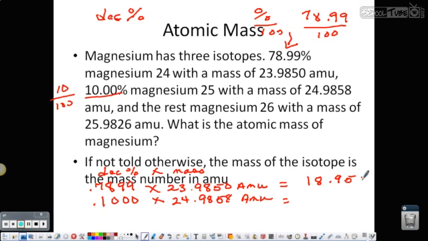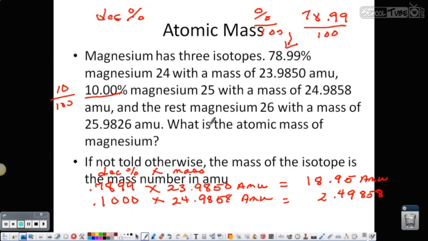This is also AMU. Alright, so we've got 2.49. Oh, sorry, looked at it wrong. Undo. I was looking at it right, 2.9858.